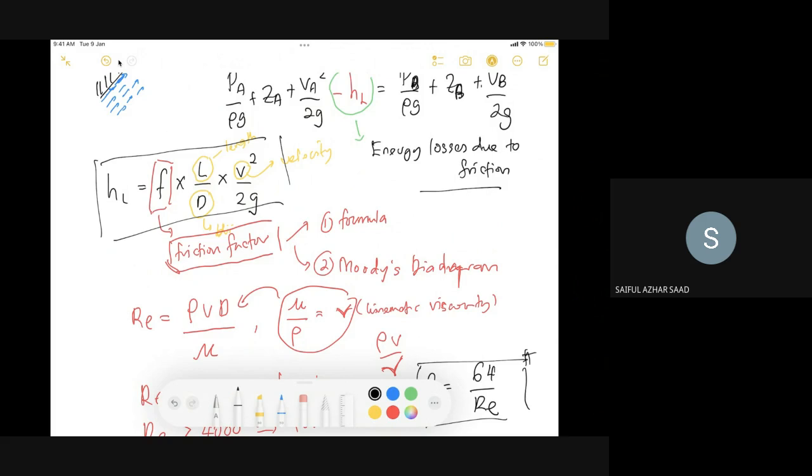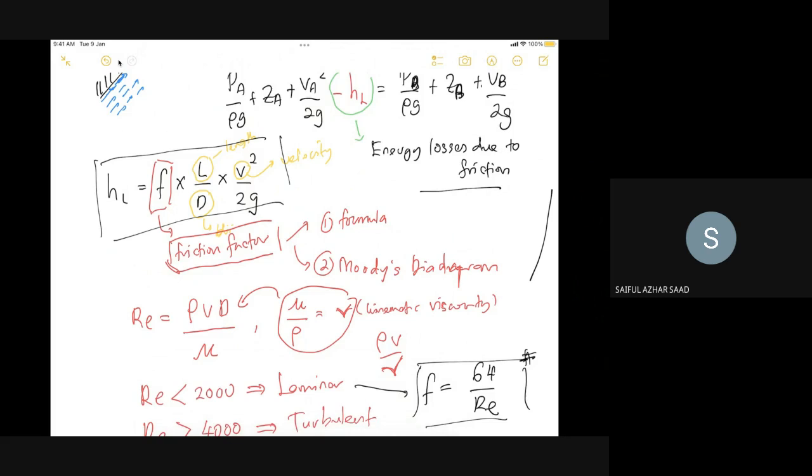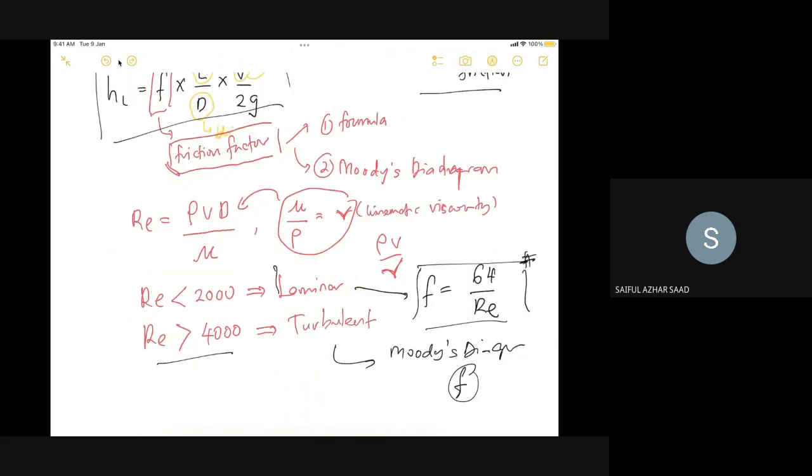If you were lucky and the flow was laminar, you will get the correct answer. But if the flow is turbulent, you cannot use 64 over Reynolds number, because as I stated, this formula is only for laminar flow.